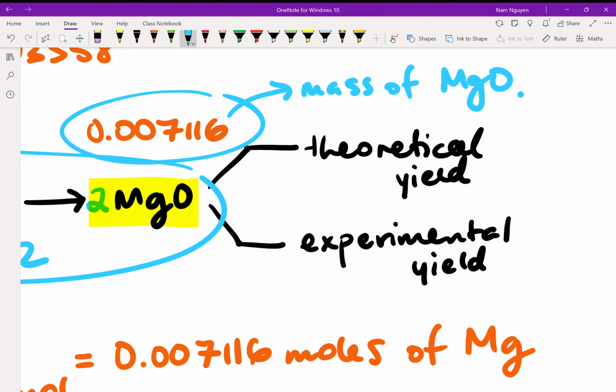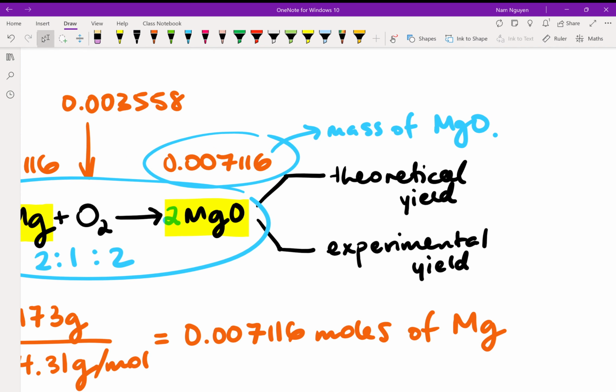So you want to then turn this number of moles of magnesium oxide that you should have produced into mass, so that you can now compare what should have happened to what did actually happen in your experiment.